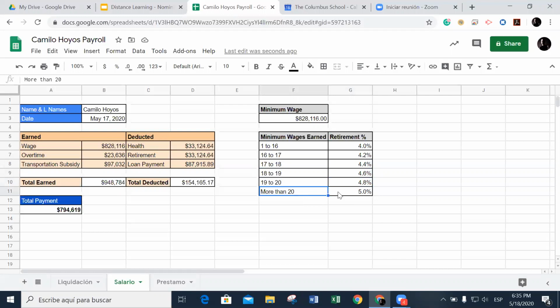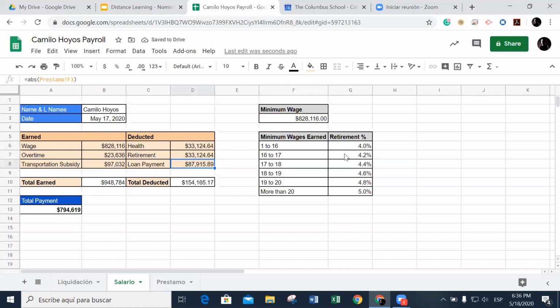And more than 20, then they have to add 5% of their wage towards their retirement. In this case, this person earns only one minimum wage, so they have to add 4%, right? So the retirement is literally this one times 4%. So let's go like this: equals this one times this one, enter, right?